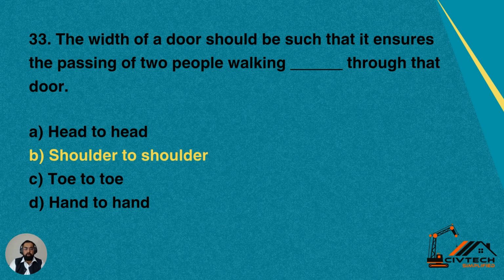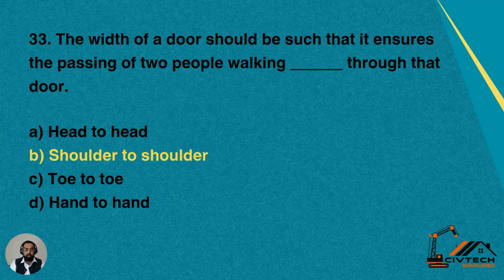33. The width of the door should be such that it ensures the passing of two people walking through that door. The width should at least allow the passing of two persons shoulder to shoulder through that door. So that should be the minimum width of the door.